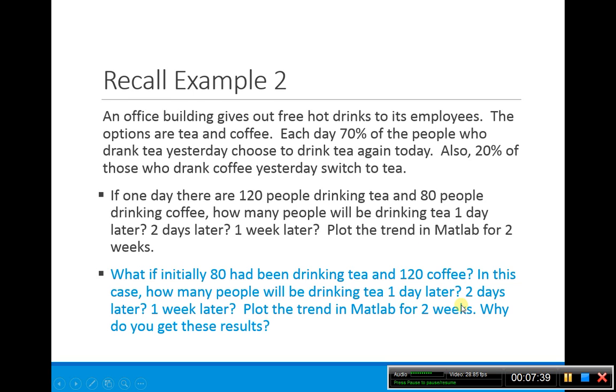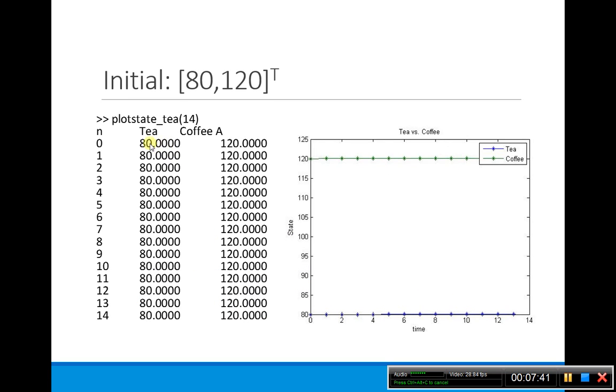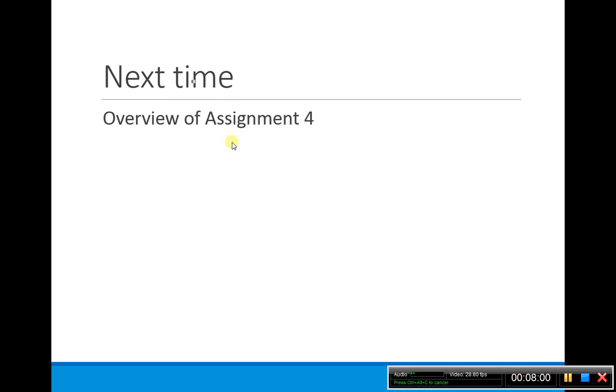So if we start with that, if we start with 80 people drinking tea and 120 people drinking coffee, then what are we going to do? Well, we're just going to stay there because that's our steady state. What does it mean to be a steady state? It means it's not going to change. It's steady across time. So it started at the steady state, so it's going to stay there for all time.